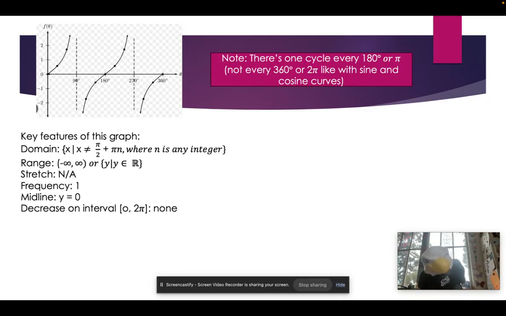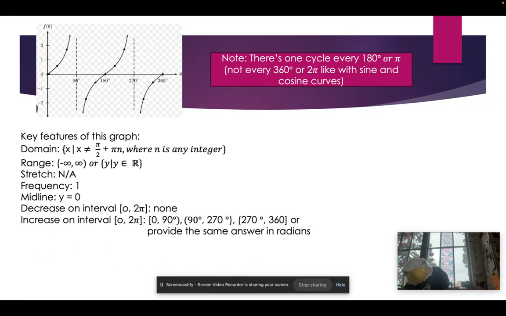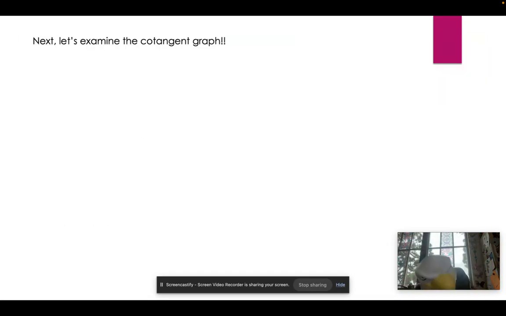The decrease on the interval from 0 to 2 pi, there isn't any. As far as an increase, there's an increase from 0 to 90, and then from 90 to 270, not inclusive, and then from 270 to 360. Those are the places where we'd see it increasing.